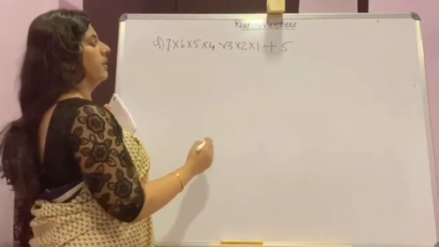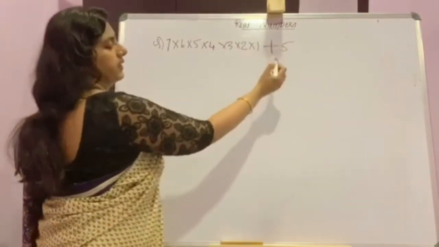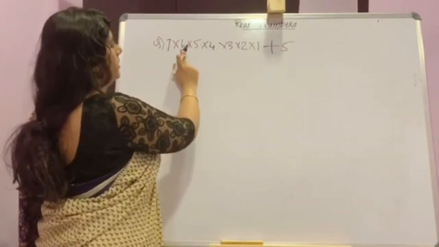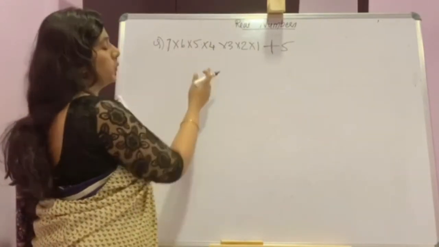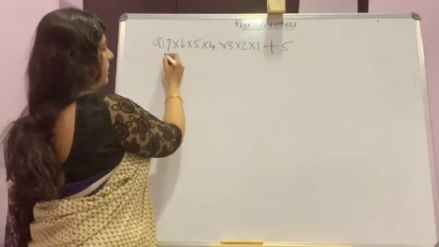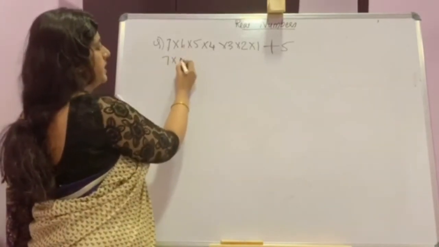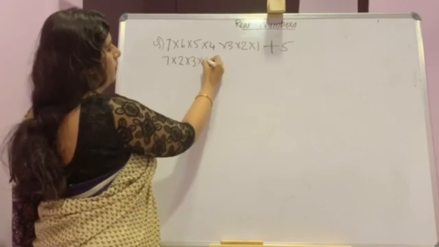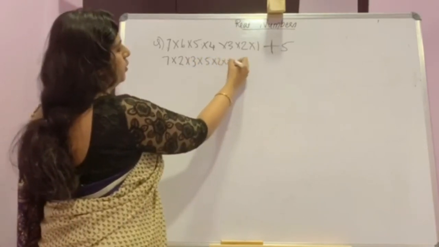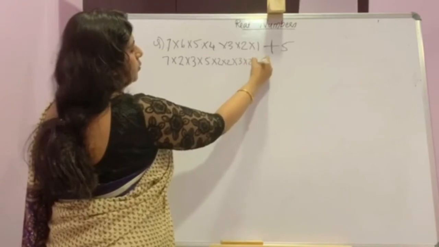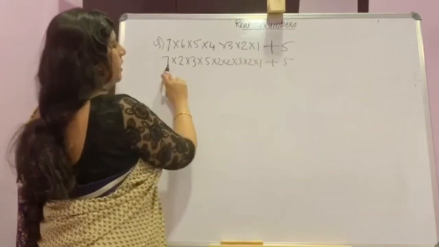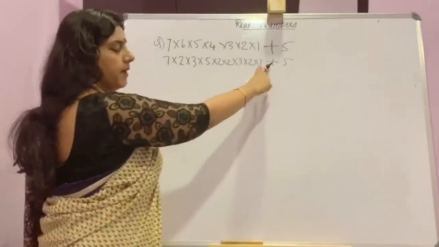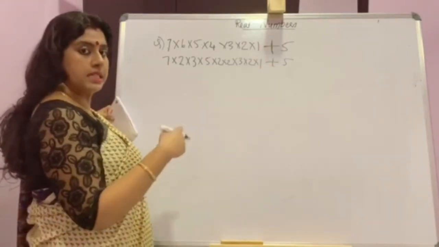Again there is an addition here, but the others we have to make into prime numbers. That is 7 into 6 is 2 into 3 into 5 into 2 into 2 into 3 into 2 into 1 plus 5. Now you can find all the prime numbers here, but the only thing is there is an addition. We have to change it.